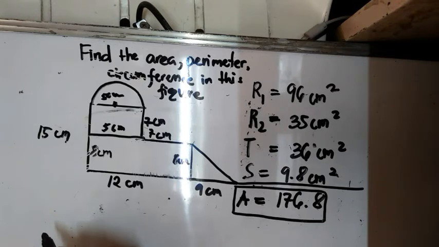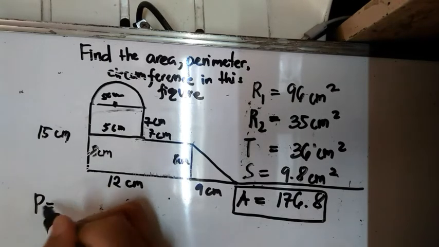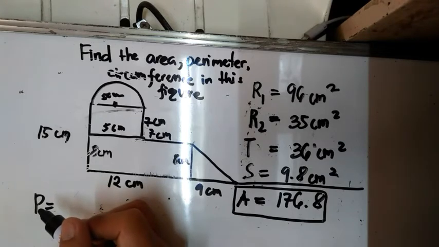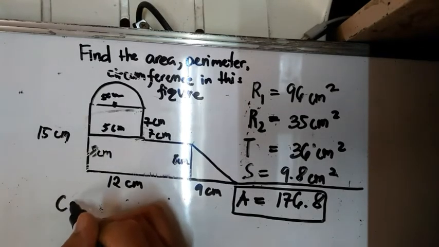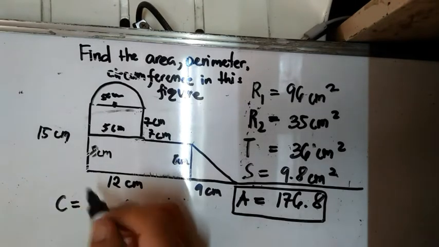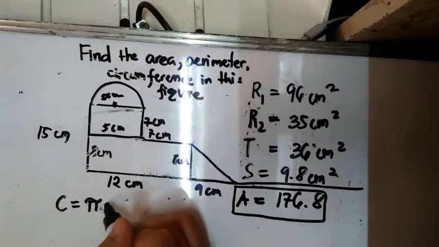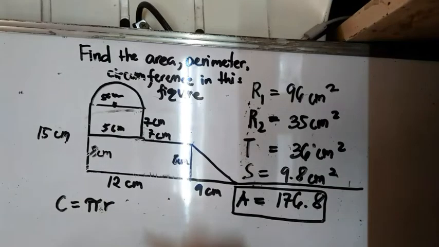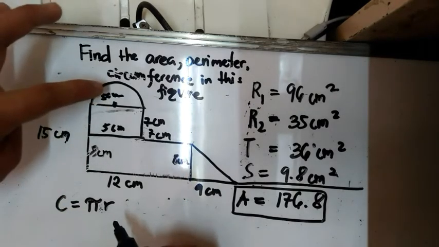Now we need to find the perimeter. So first let's find the circumference. This is the formula of circumference: C equals pi times radius. We all know that this is 5 centimeters.